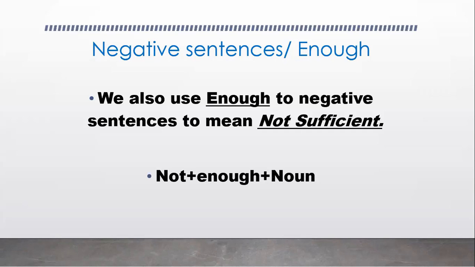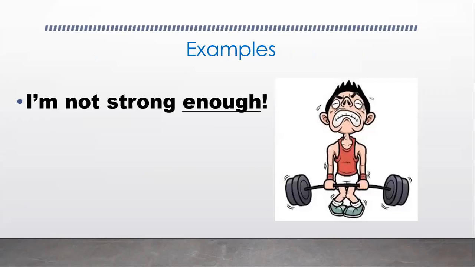All right. Let's see. I'm not strong enough to lift the weight. So that means you need to be strong to lift that weight, to go to the gym, right? Another example.